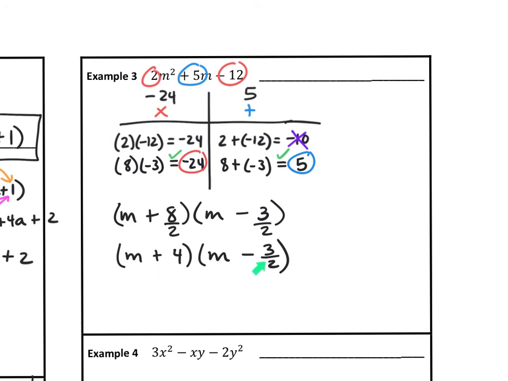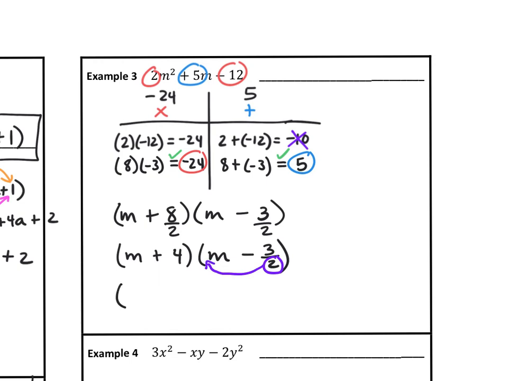But since we have a fraction, any fraction that we have, this one changed to a whole number, so this one's okay. But here we have a fraction. If we have a fraction, we have to remember in this method that we're using that we have to take the denominator and move it up to the front.